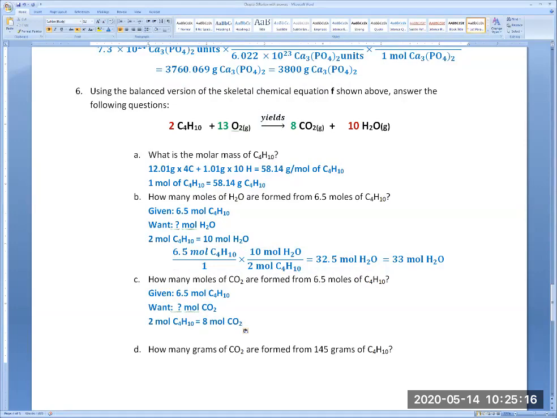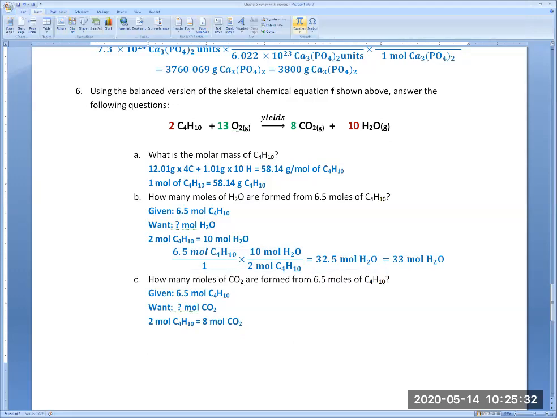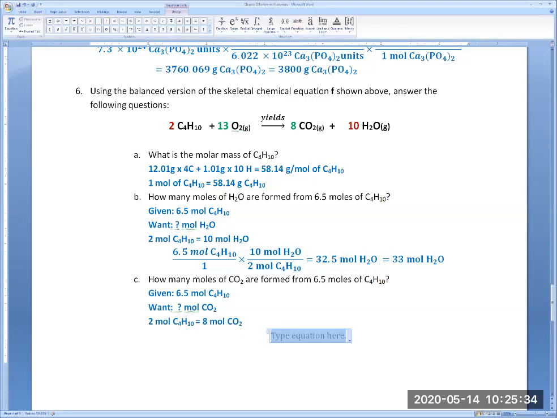Right, so we got this from the equation with the coefficients. 2 moles of C4H10 gives 8 moles of CO2. And so we are ready to do the calculation, because again, it's a simple mole-to-mole conversion. There is only the need for one conversion factor, and we already have it. We already have the relationship between moles of C4H10 and moles of CO2.